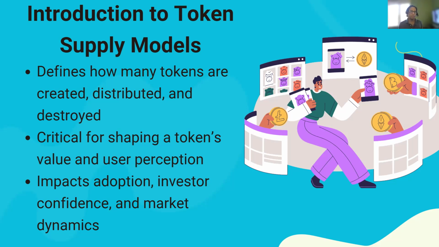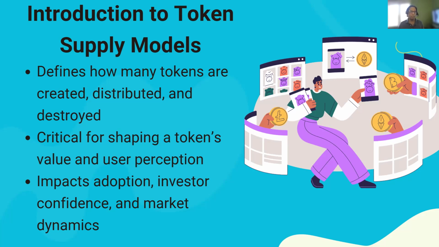During the token design, you need to understand which model you are going to support based on your community goals, your project goals, and your current and future plans. You need to consider all of this before designing the total token system.